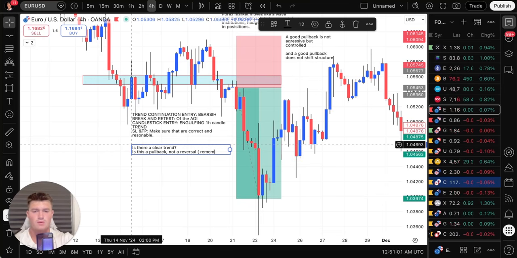Remember to wait for candlesticks to close, and you don't want price to shift structure when about to enter.